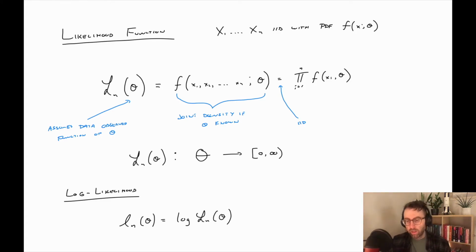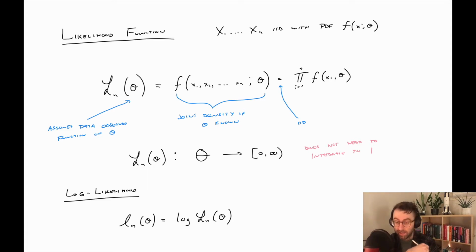Okay, so to really drive this point home, the likelihood is a function that takes in as input some value theta and spits out a number that's between 0 and infinity. And I should note that it does not need to integrate to 1, because even though the symbols are that of a density, it's not a density.